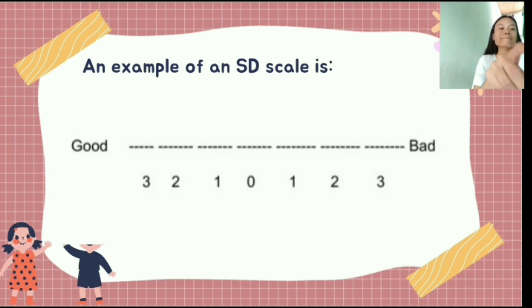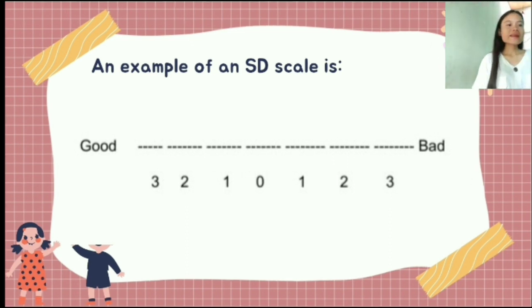And for the position nearest to bad, of course, the students can get a remark, for example, they get 2, so it is quite bad. So this scale actually measures two things: the directionality of a reaction, for example good and bad, and the intensity, which goes from slightly through extremely.